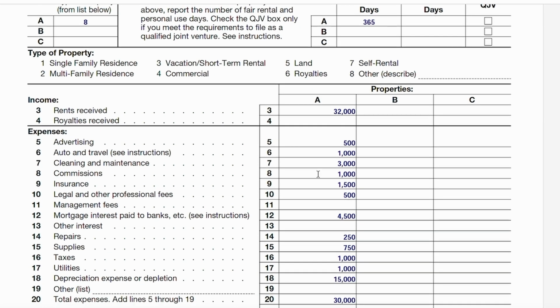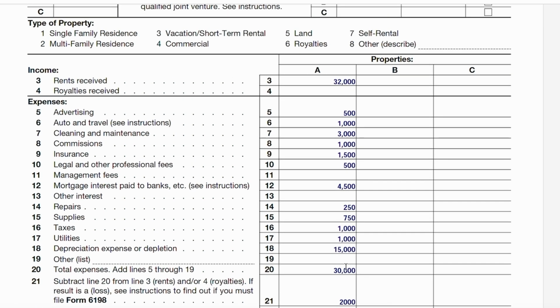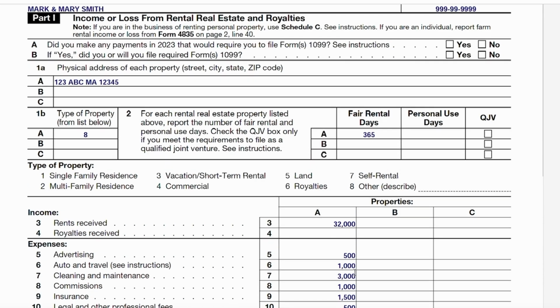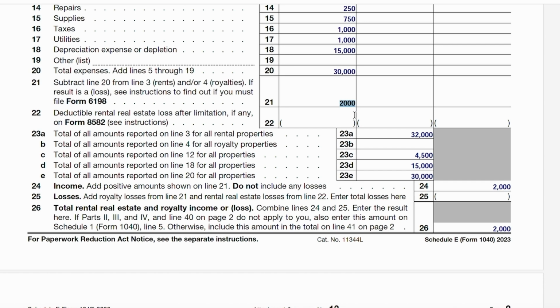So $32,000 was your rent, 30,000, as you can see over here, is your total expenses. Ultimately you have 2,000 as your income. So you fill out this Schedule E form, and you have 2,000 as shown over here as your income from renting real estate.